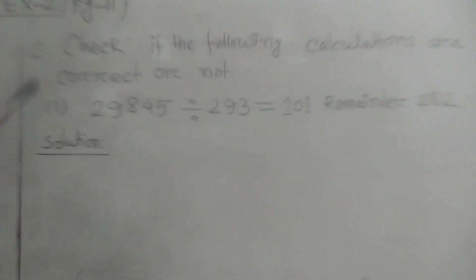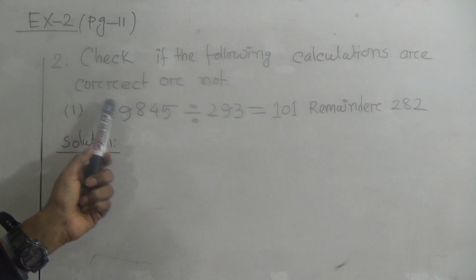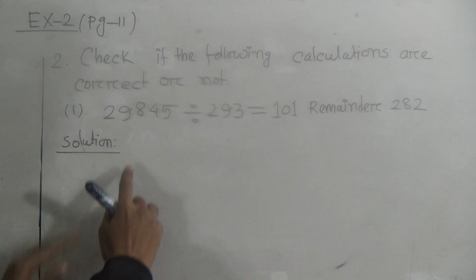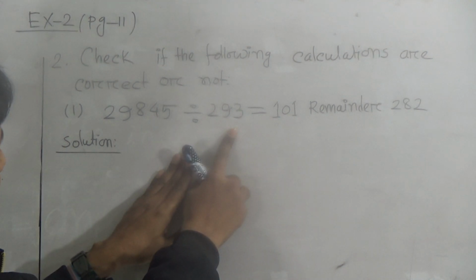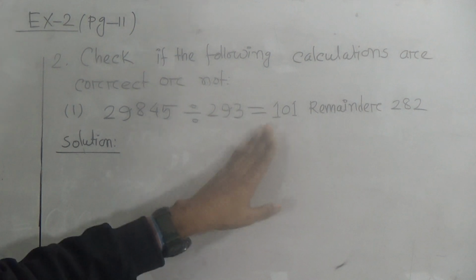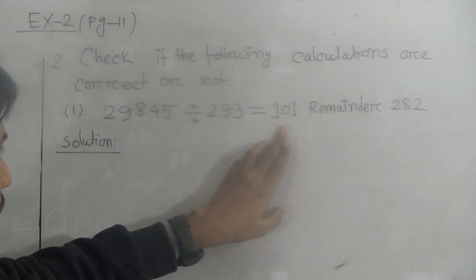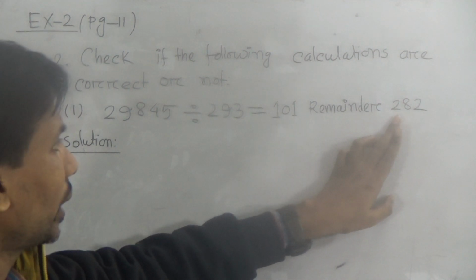Now I will discuss with you question number 2. Please notice here. Check if the following calculations are correct or not. Okay, student. Look, 29,845 divided by 293 gives 101. That means this is the quotient, 101, and the remainder is 282.